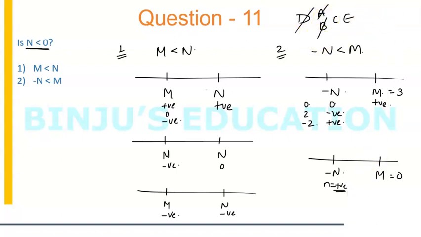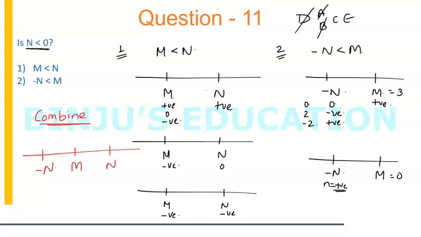But now what if I combine both these statements? First statement says that m is less than n. Second statement says that m is greater than minus n. So if I represent the three things on the number line, I will have n here, m here, and minus of n here.